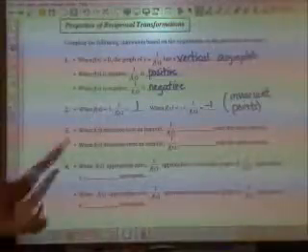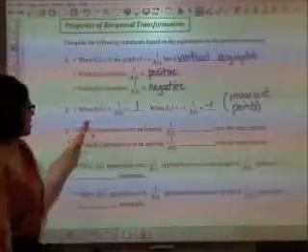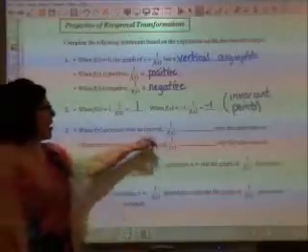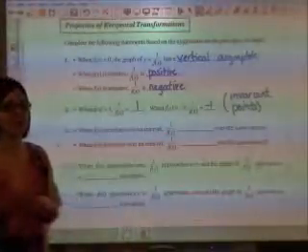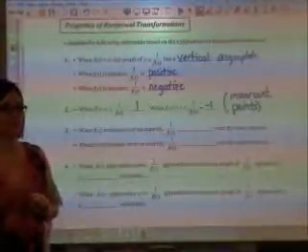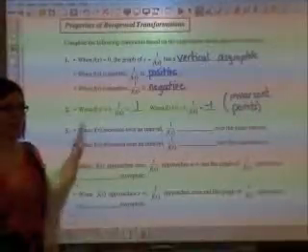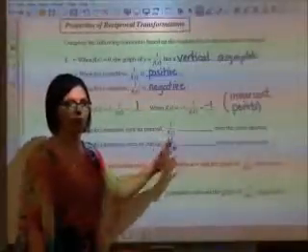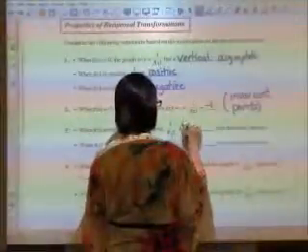When the original function increases over an interval, so f of x goes from 5 to 7 to 8 to 9, etc., the reciprocal function would do what? It would decrease, because I'd have 1/5, 1/7, 1/8, 1/9. Those are all smaller numbers, so it would decrease.